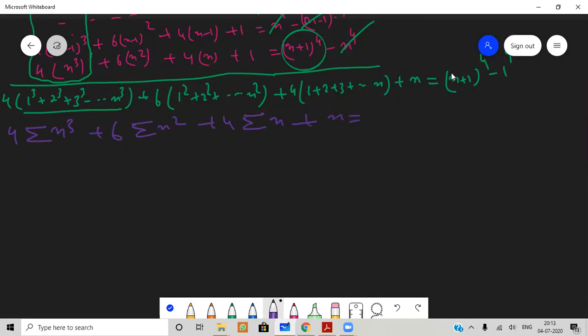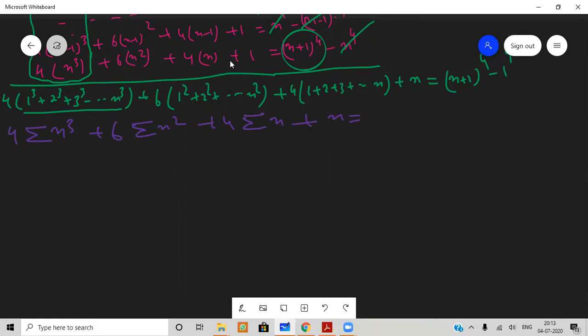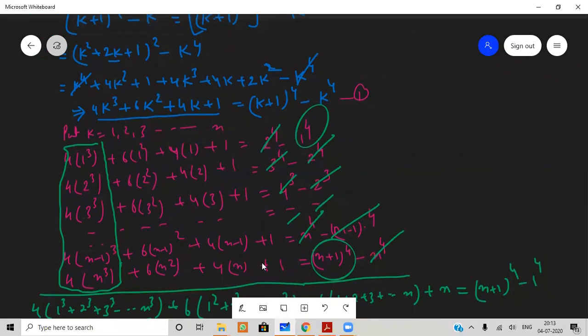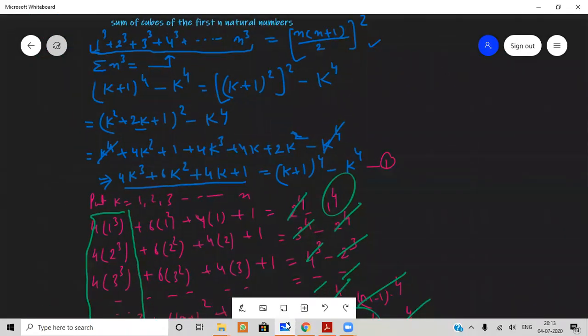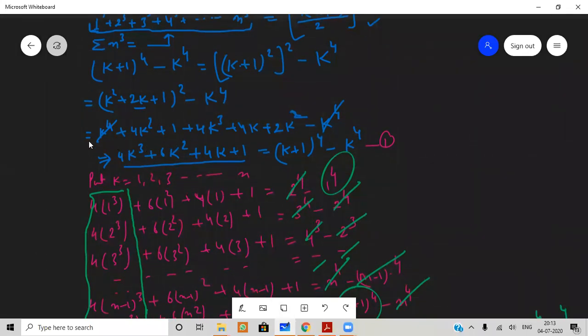Can you tell me what n plus 1 whole to power 4 will be? I think we solved this expression up there, k plus 1 to power 4, we can directly write that. See, where it is, k plus 1 to power 4, it was this, right? So in place of k, you will get n.